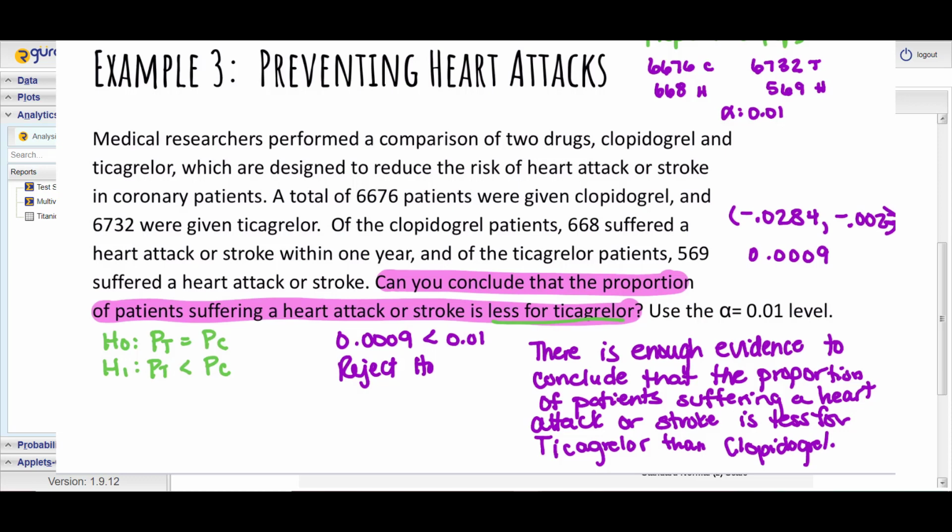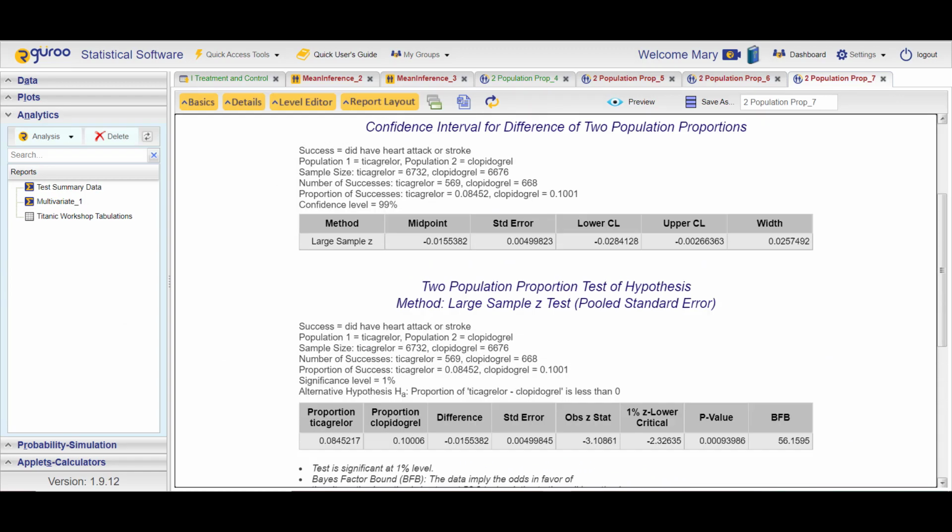We finished that. But if we were to see if our confidence interval agrees, let's see what happens. Just to get the practice, we are 99% confident. Let me just make sure I did 99%.